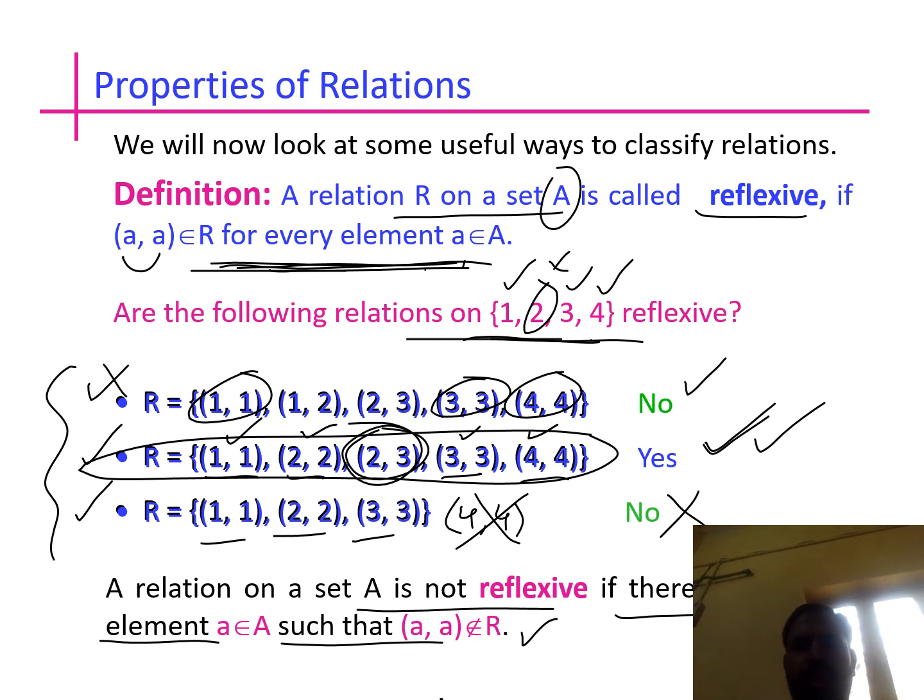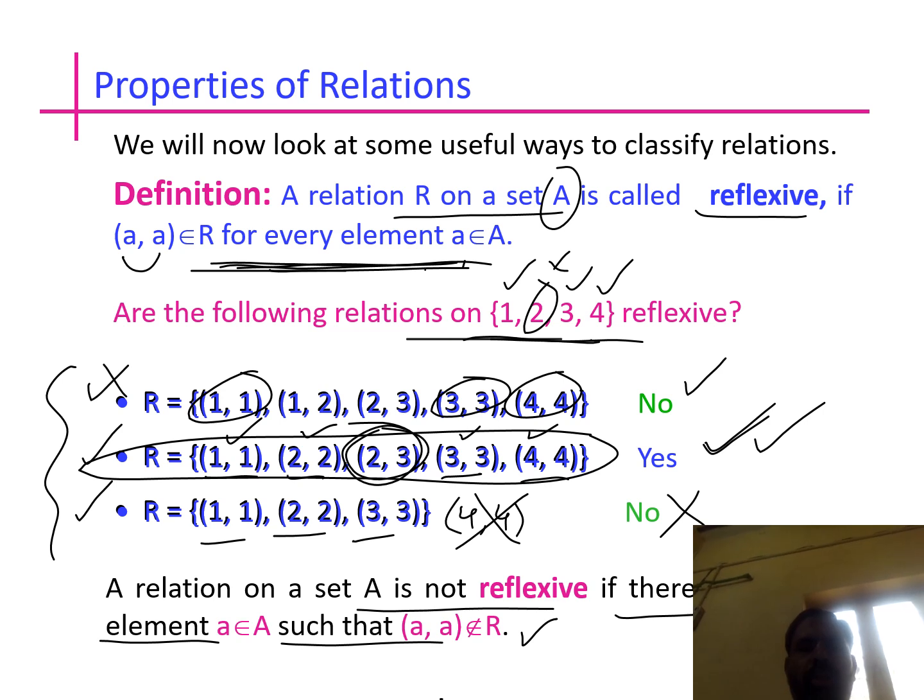Here we show whether the following relations on {1, 2, 3, 4} are reflexive. This is the R made from (1,1), (1,2), (2,2), (2,3), (3,3), and (4,4).